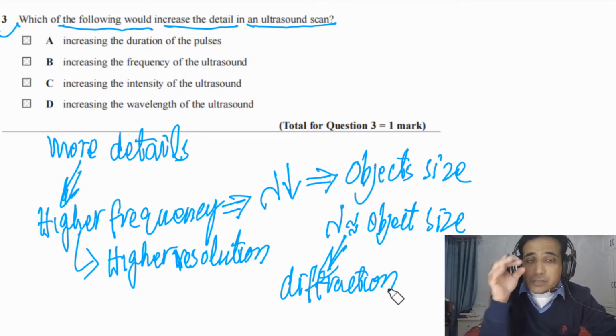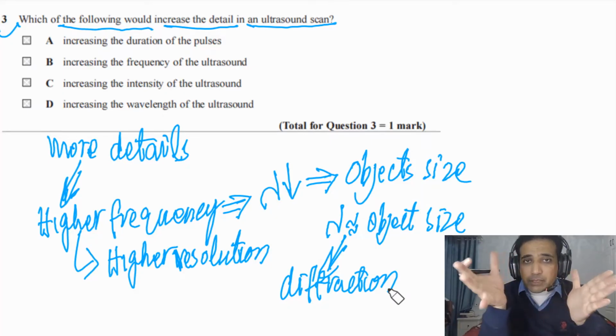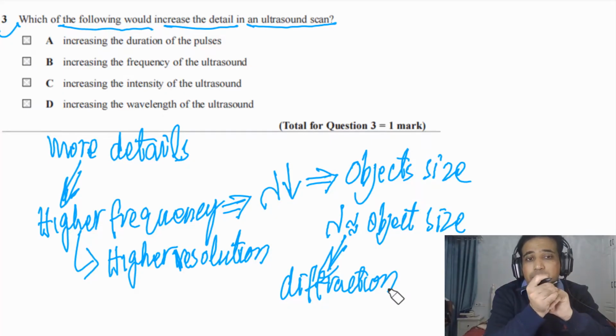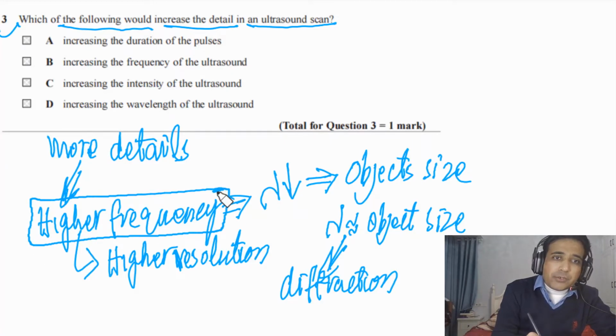If there is significant diffraction, it will not be easy to get a clear image of the object. So there is a limitation on image resolution that depends on the frequency used to create an image and the size of the object. When the wavelength of ultrasound waves is about equal to object size, it becomes hard to get a clear image due to diffraction. So for more details, we have to use higher frequency ultrasound waves.